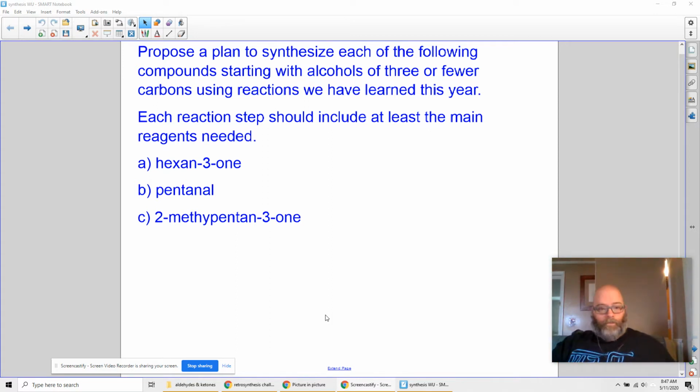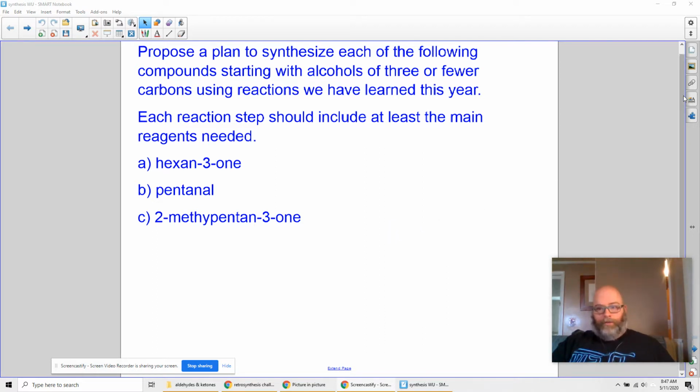I wanted to show you what I'm thinking about for this assignment and how your proposed synthesis should look. Here's the assignment up on my screen, and what this is called is a retrosynthesis pathway.